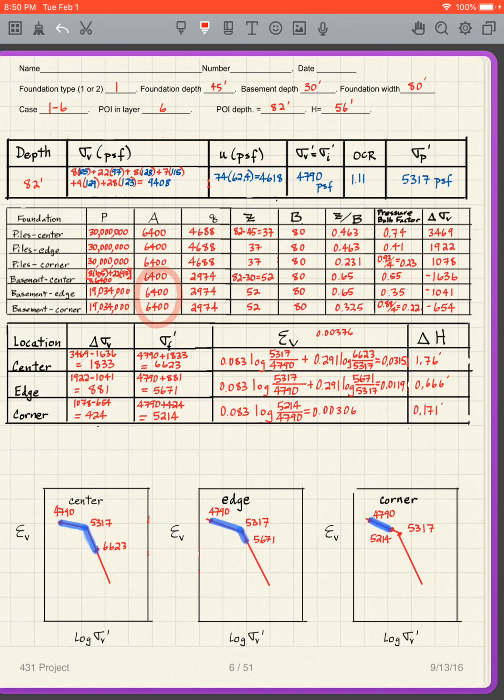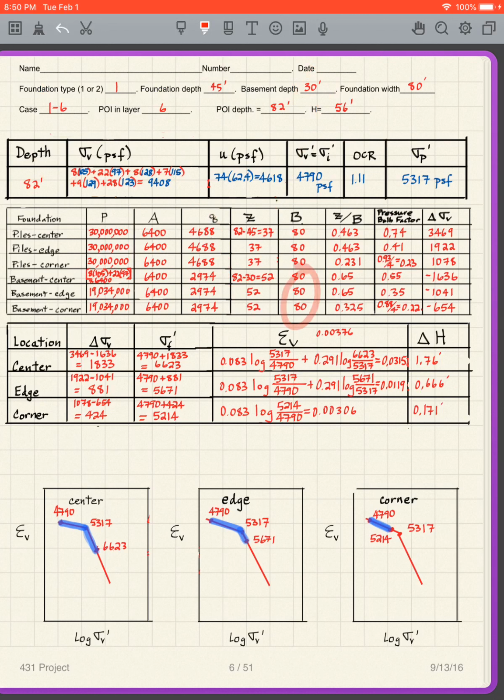The area there is still the 6,400, and so P divided by A gives me Q for the basement. Now the basement depth is 30, so that goes there, and the depth of my point of interest is 82. So 82 minus 30 gives me 52 for my Z for the basement.